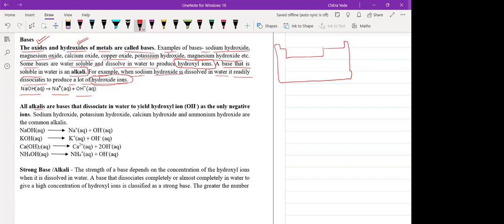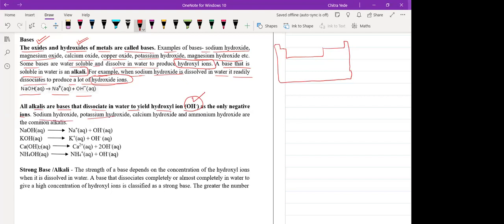So all alkalis are bases. Yes, all alkalis are the bases that dissociate in water to produce the hydroxide ion. The only negative ion here is OH.